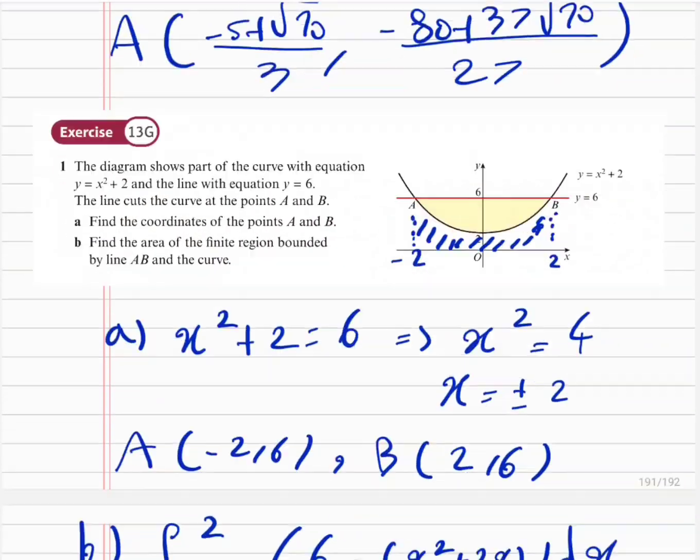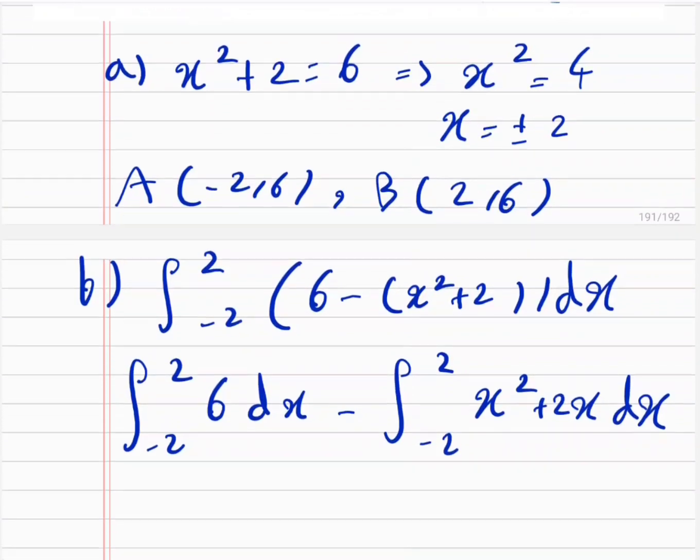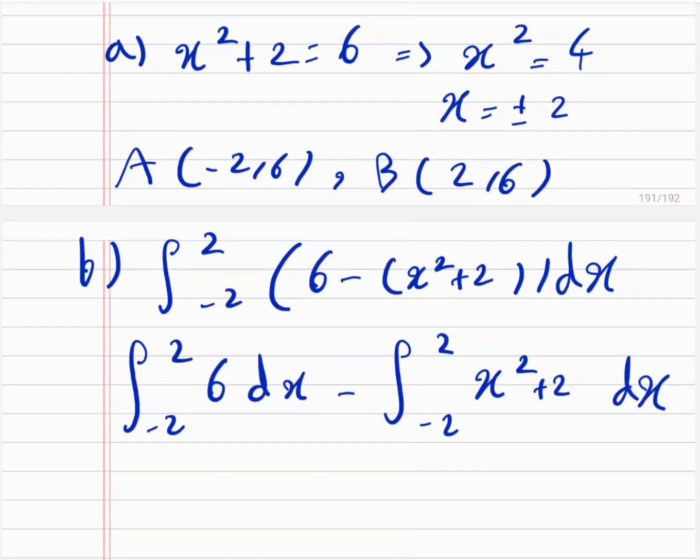Sorry, it's not 2x, it's just 2. So both ways are valid. In fact, it's a property of an integral that when the limits are the same and everything is integrated with respect to the same variable, you can combine the two integrals into a single integral.